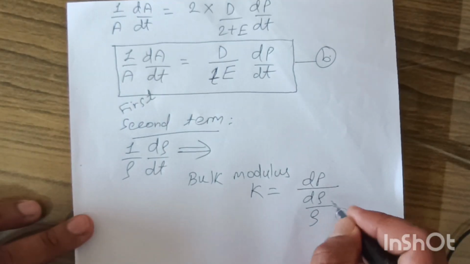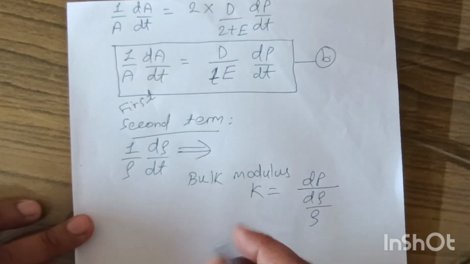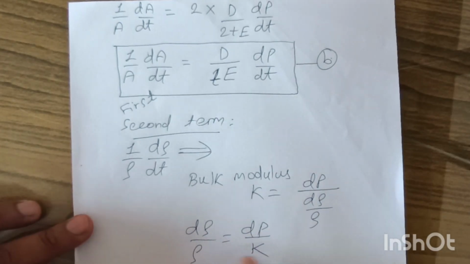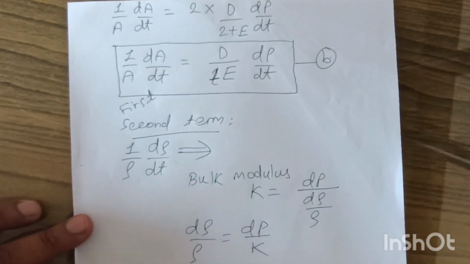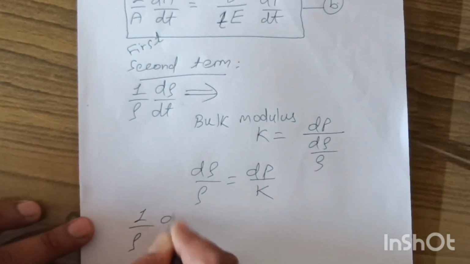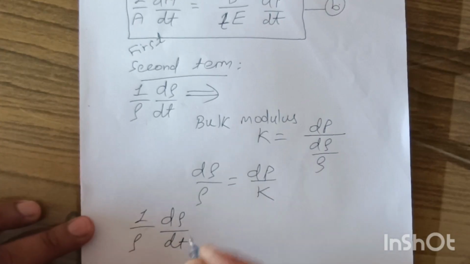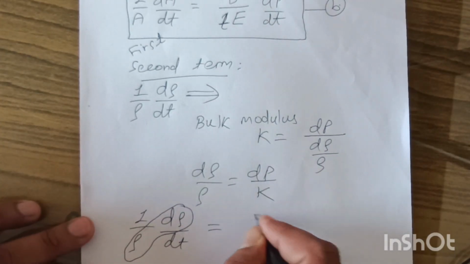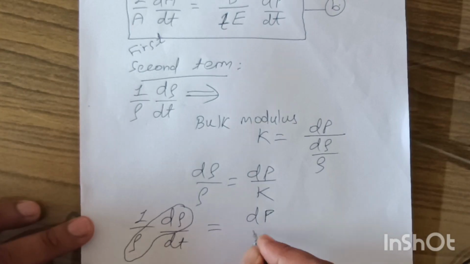So you can get d rho by rho is equal to dP by K. You can substitute this d rho by rho in the above equation. We are going to get 1 by rho d rho by dt, where d rho by rho is going to be dP by K, per dt.